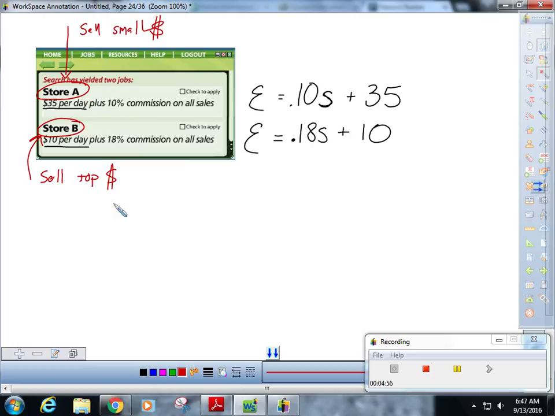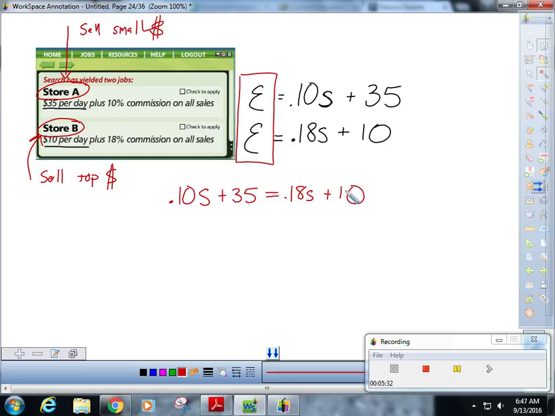Well, notice they are both equal to the same thing. And since they equal the same thing, we can simply set those expressions equal to each other. So we can say, when does 0.10s plus 35 equal 0.18s plus 10?